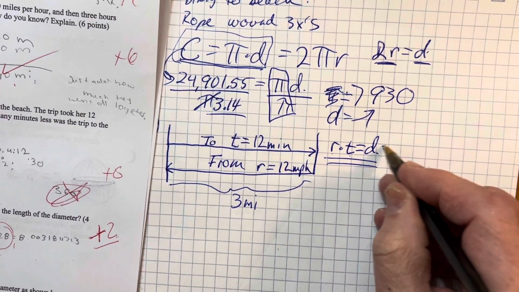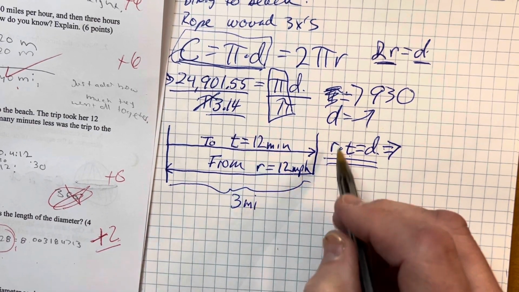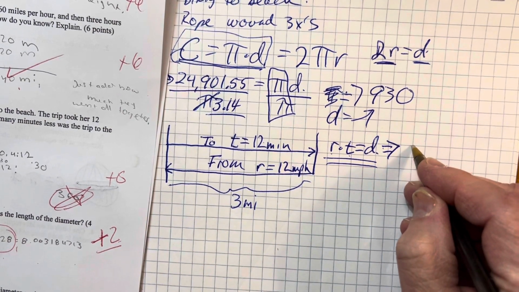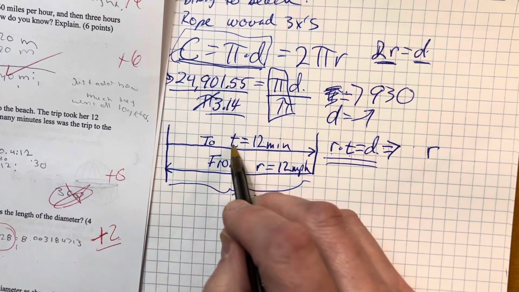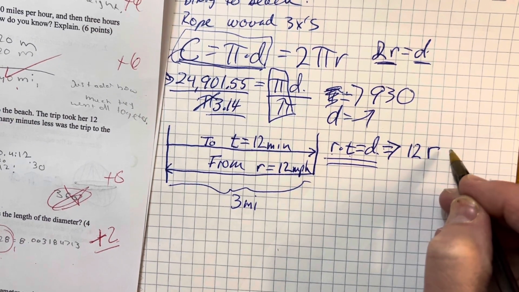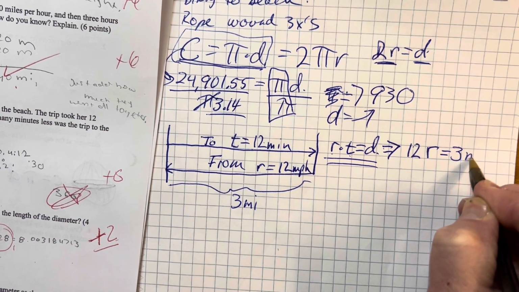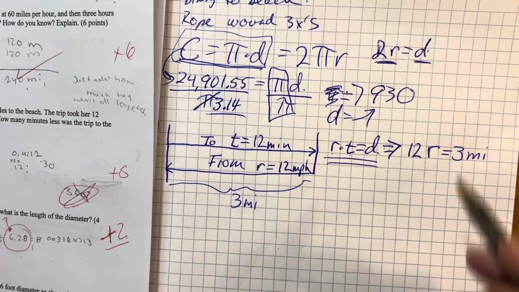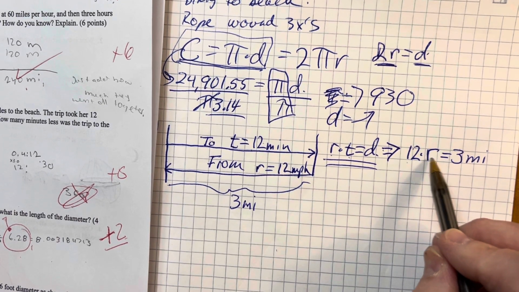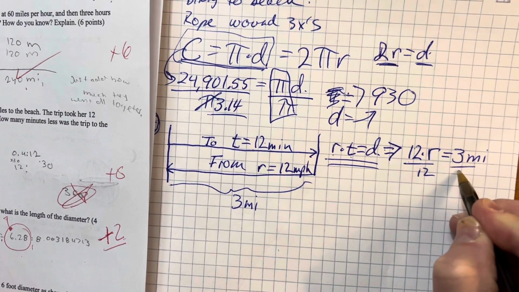So let's look at the first part right here, okay? We know the rate is missing, so I'm going to write r. We know the time is 12 minutes, and the distance is 3 miles. So I'm going to have 12 times r equals 3. So I'm going to divide by 12 on both sides.